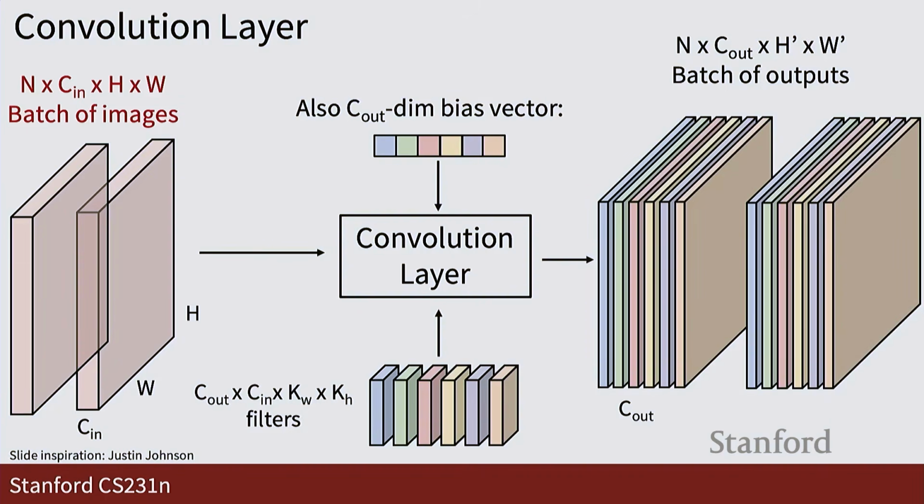And then as output, we're going to produce a four-dimensional tensor, again, where the shape is N for the number of images, one output per image. Cout, each of those outputs is going to consist of Cout feature planes, one per filter. And then each of those planes is going to be H' by W'. And this is the general formulation of a conv layer.